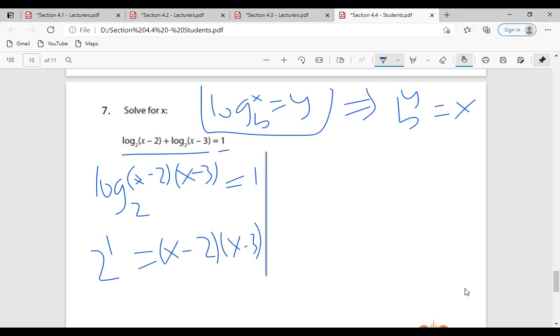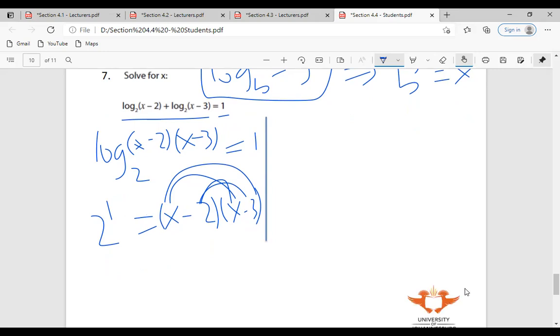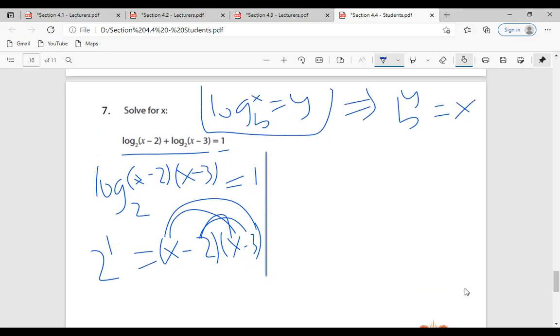You can then expand, multiply out the brackets, and collect all the terms together. You will end up with a quadratic equation in x, which you will now solve using any of the methods of solving quadratic equations and get your x values. So that is basically how we do this.